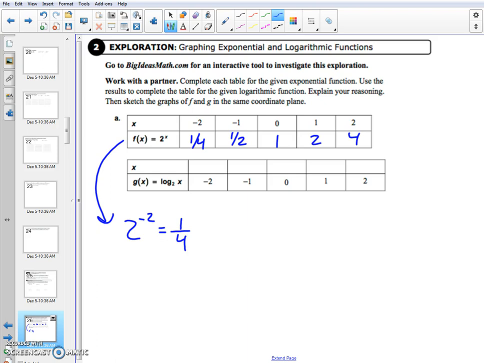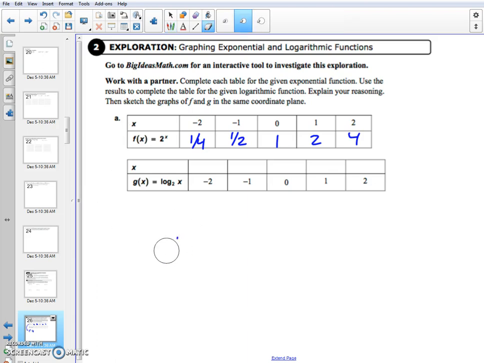So what we want to think about then is how on earth do we use this to fill in a table for a log? For a log, it's actually backwards. Normally we pick the x values and fill in the y's from there. But if I were to pick the x values for log base 2, some values I could fill in there would be pretty straightforward to figure out.